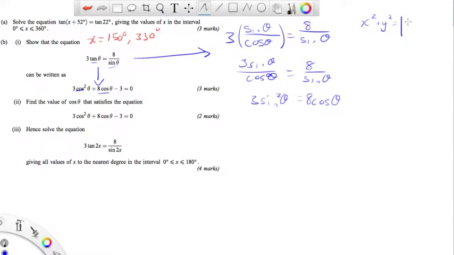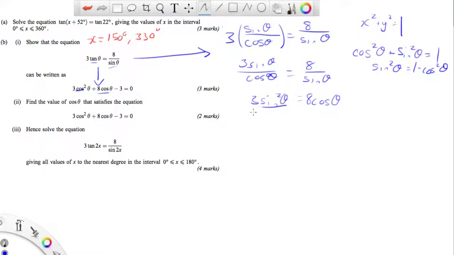The unit circle has a radius of 1. So the x value is really cosine, so we get cosine squared of theta, plus the y value, which we said is always the sine squared value, is equal to 1. So that means that sine squared of theta is equal to 1 minus cosine squared theta.